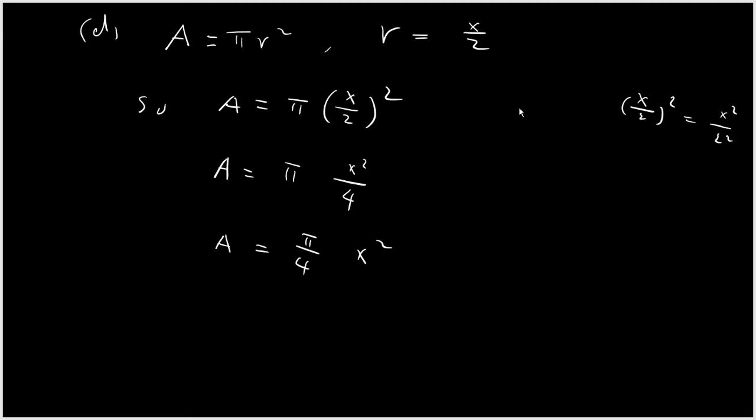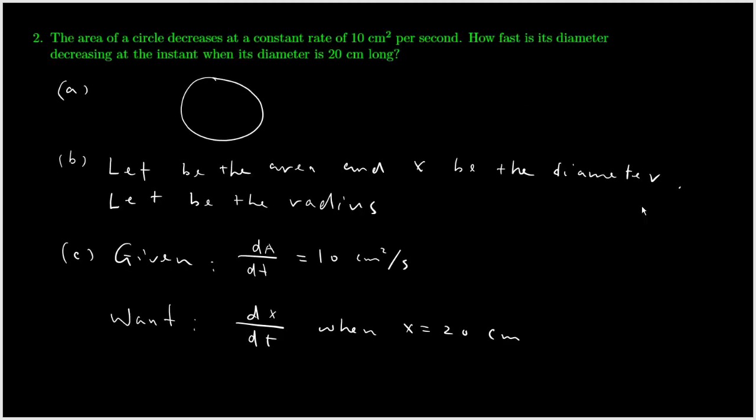We know the rate of change of A, right? We're looking for the rate of change of x. Sorry, I did something a little bit wrong here. How to indicate the area of the circle decreases at a constant rate of 10 square centimeters per second. In most cases, we use a negative number to denote it's decreasing. So that makes sense? A negative rate of change.